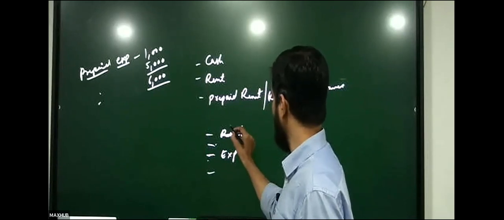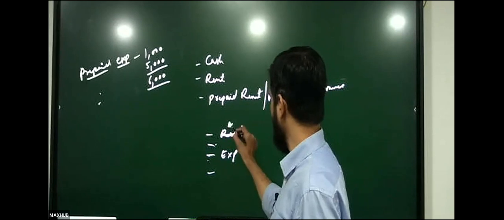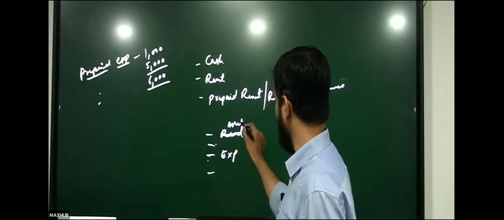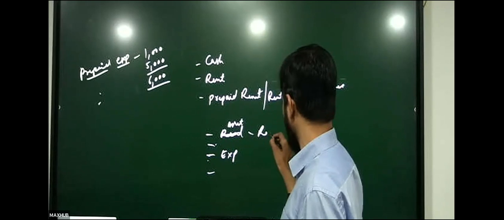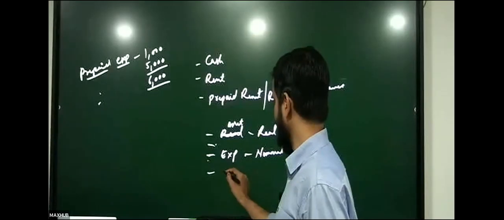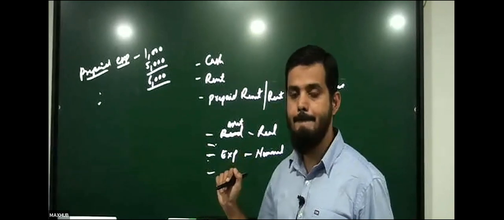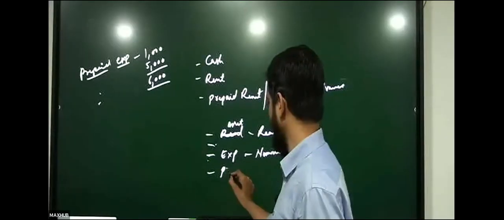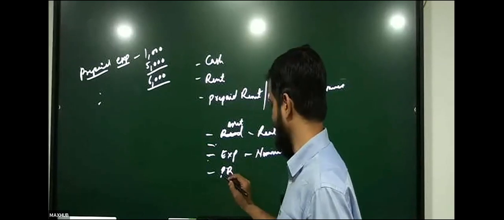Cash is the asset. That is why it is a real account. Rent is an expense. That is why it is a nominal account. And what is the other one? Prepaid rent is also an asset. Okay guys, just bear with me.